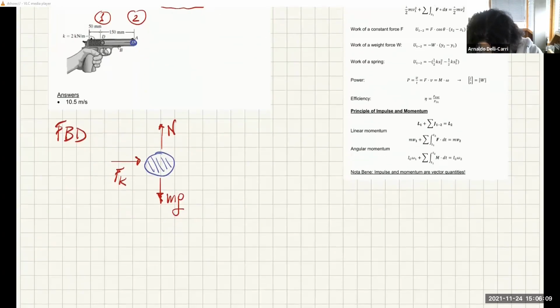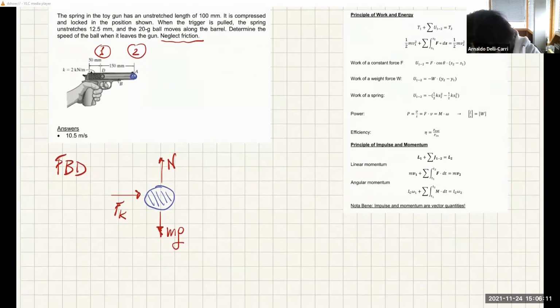So let's see the displacement. The displacement is in this direction. So the displacement S is happening along this direction here. Therefore, we know that the only force that is working is the force in the direction of the displacement.